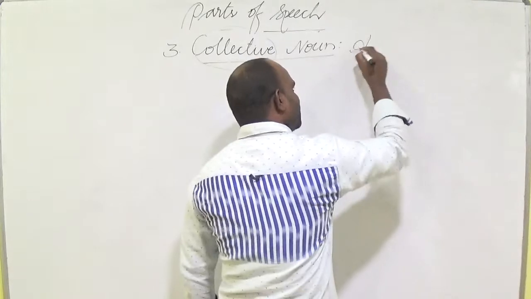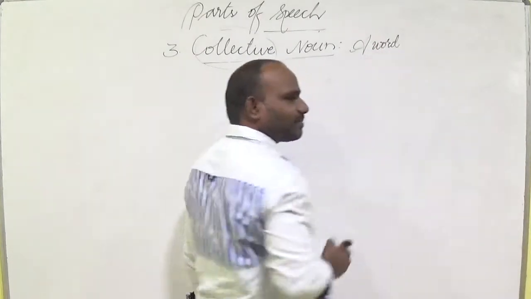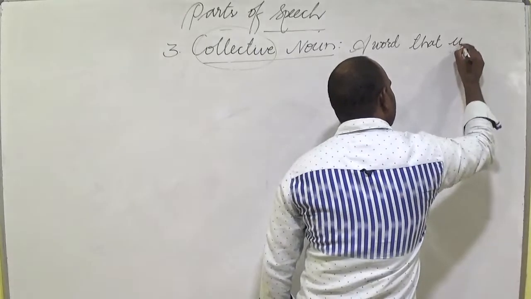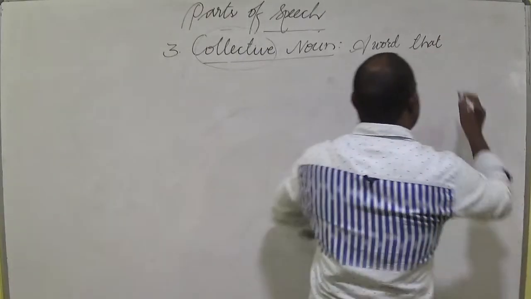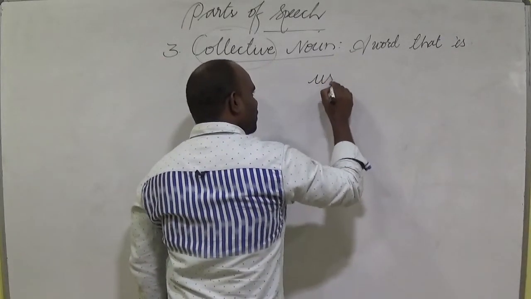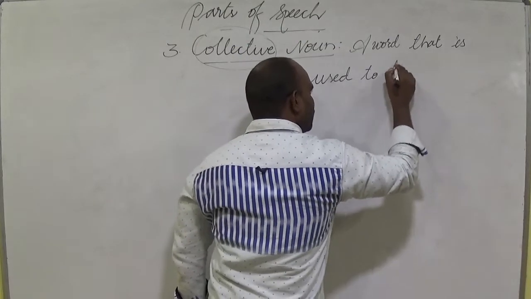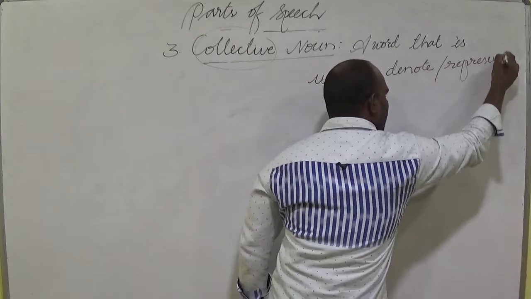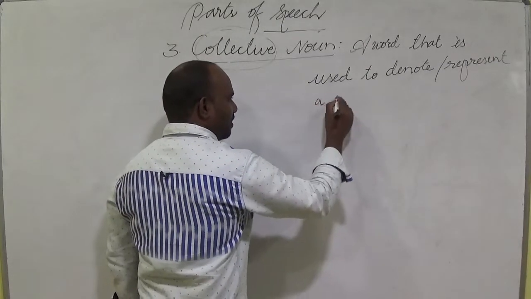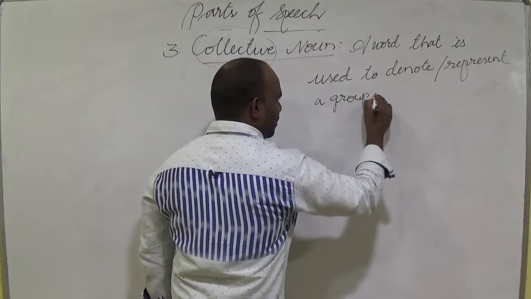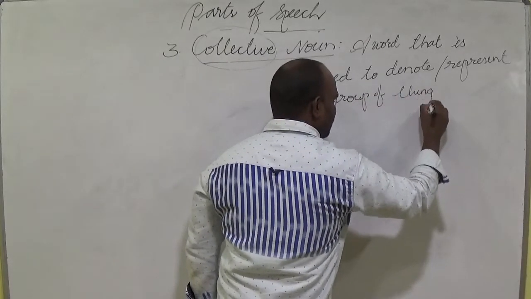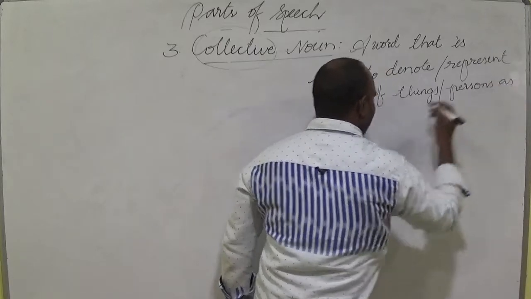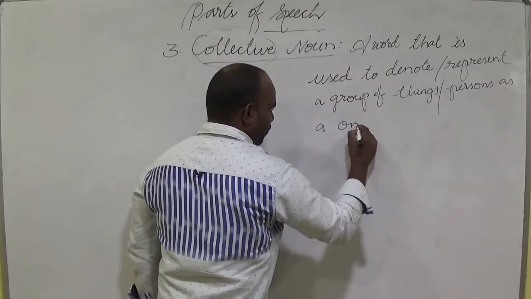A collective noun is a word that is used to denote or represent a group of things or persons as one unit.